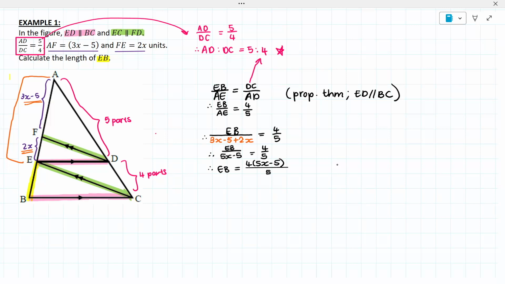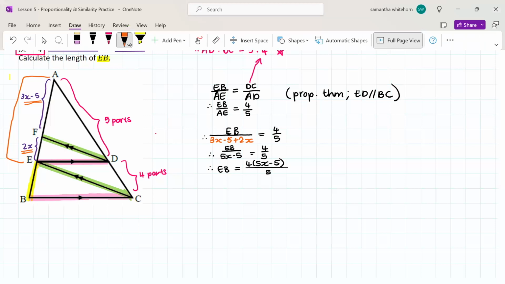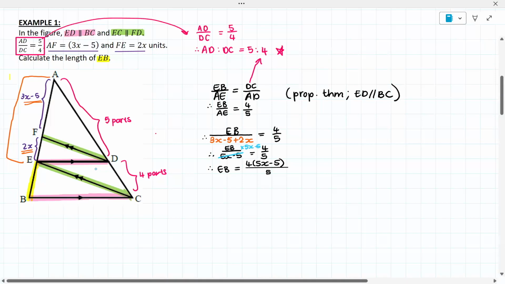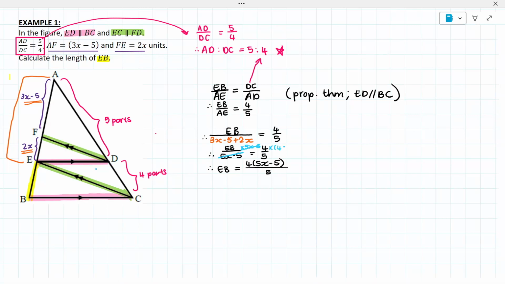So all I'm doing here is I'm multiplying the left and the right by my denominator. So I say 5x minus 5. So I could get rid of the denominator, but obviously then you also have to multiply it on the right side.